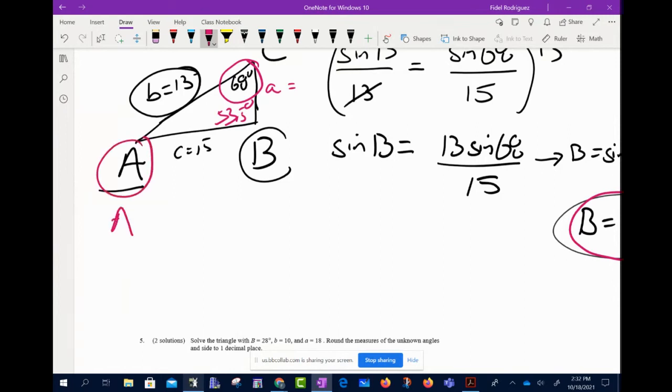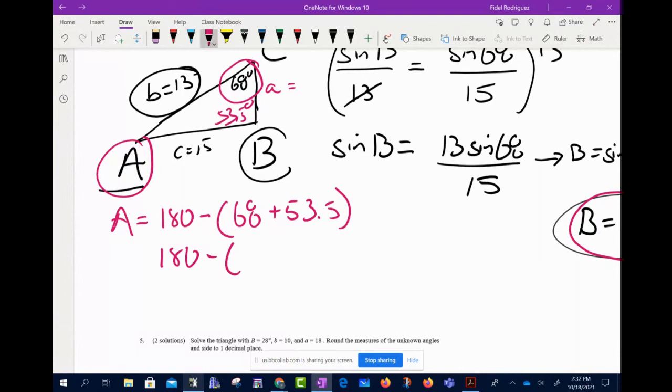So I bet you we can find angle A by saying, let's take 180 and let's subtract 68 plus 53.5. So this would be 68 plus 53.5 is 121.5.